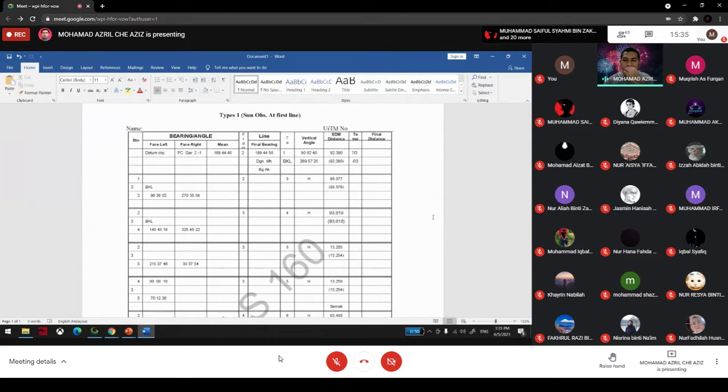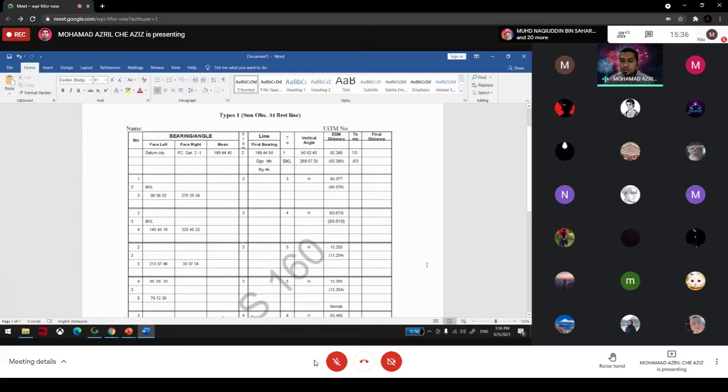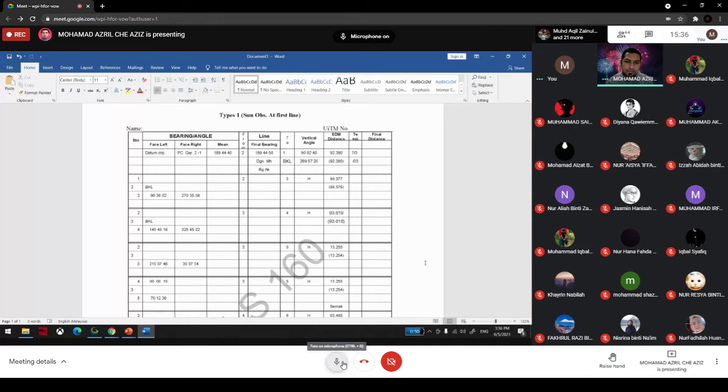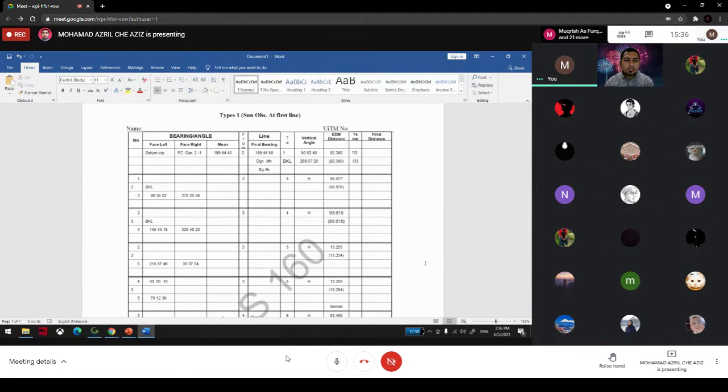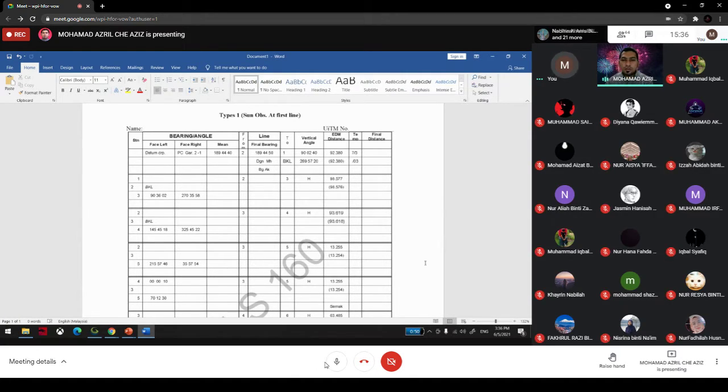Firstly, I want to know for group B, with Dr. Khairil, Captain Khairil: what have you done this week on your practical, closed traverse? Have you finished? How many stations have you conducted?